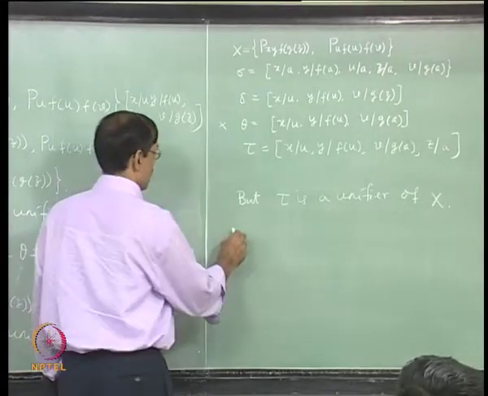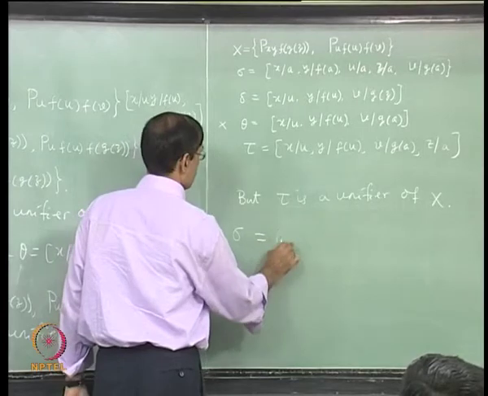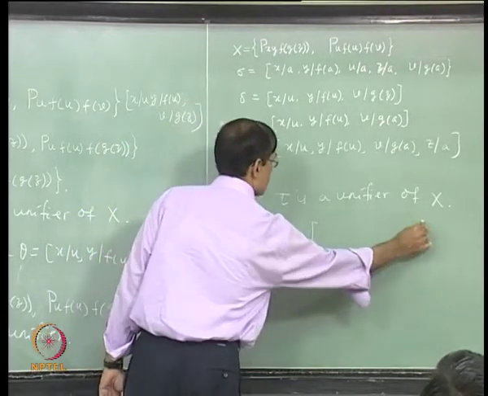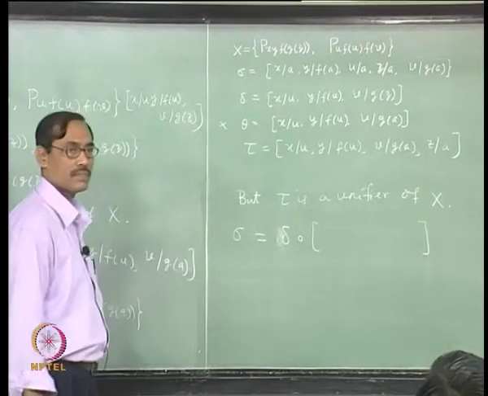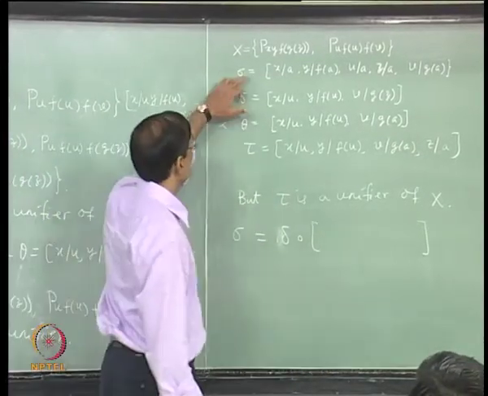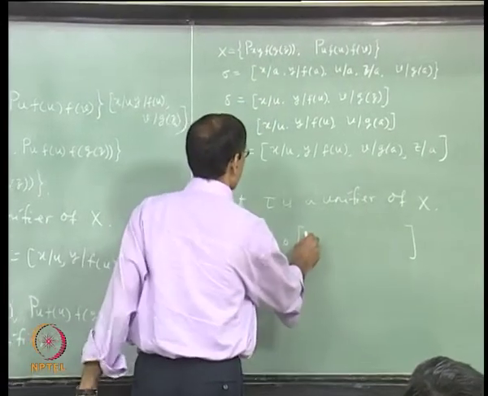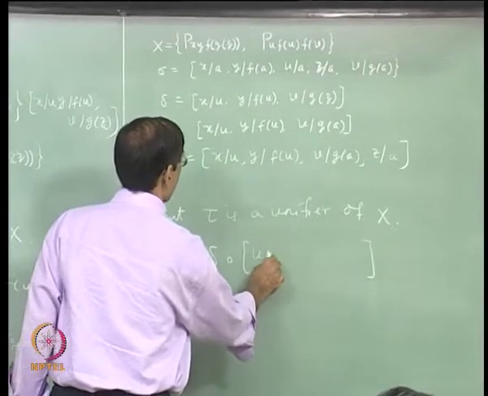For example, let us say sigma. Is sigma equal to delta composed with another substitution? Is it so? Let us see. Sigma takes x to a, so u should be going to a, right? U has not gone anywhere, it is there.